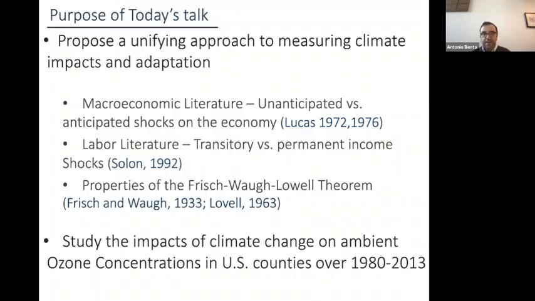And just as a way to motivate the work, we recognize that failure to advance with comprehensive mitigation strategies has put more and more pressure for one to think about adaptation strategies.